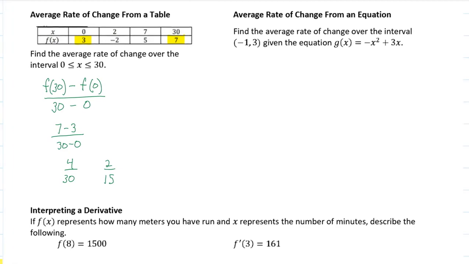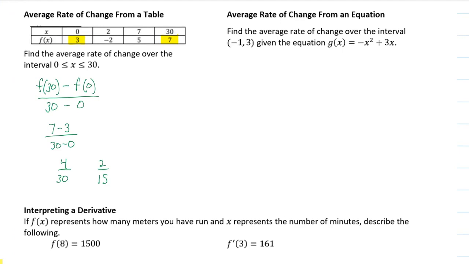We can do this with an equation as well. If we have an equation, we're just going to need to do a little bit of extra work first. So my interval, it says find the average rate of change over the interval from -1 to 3, given the equation g of x equals -x squared plus 3x.